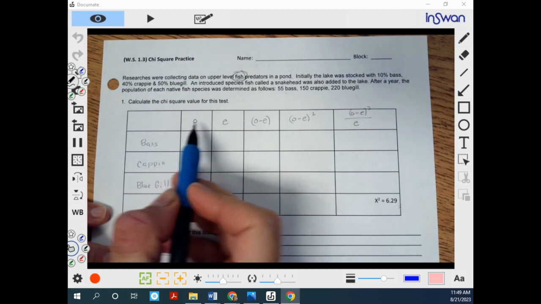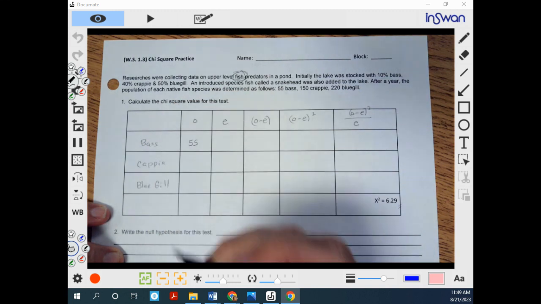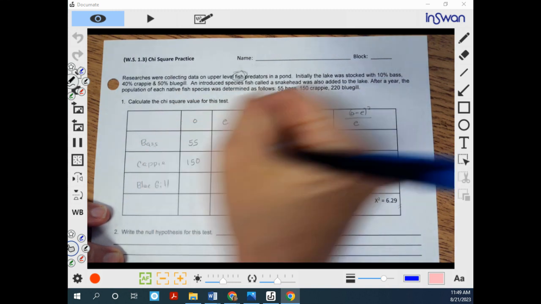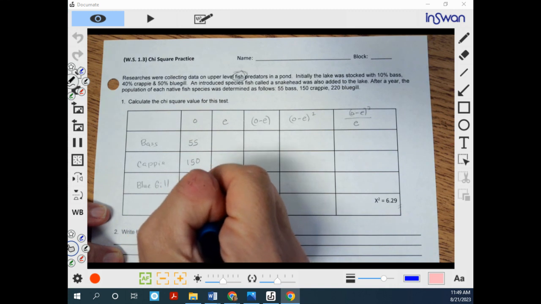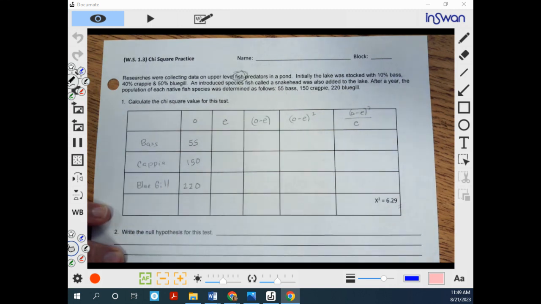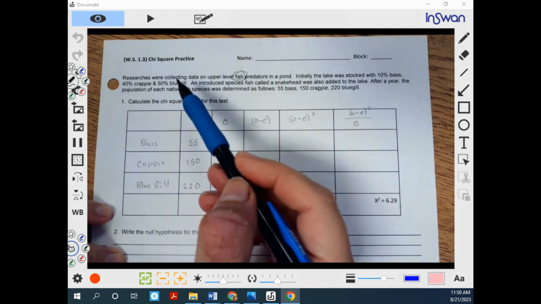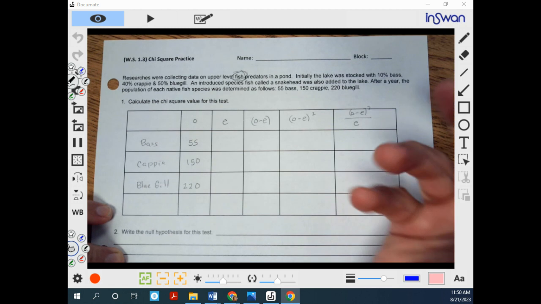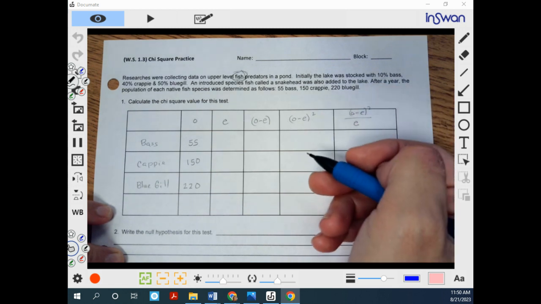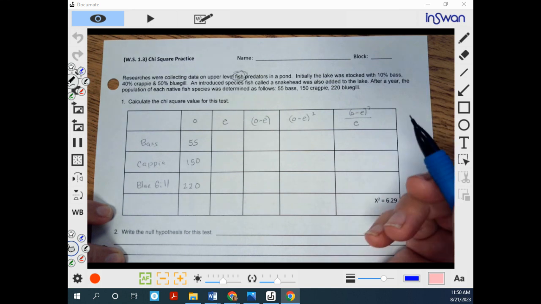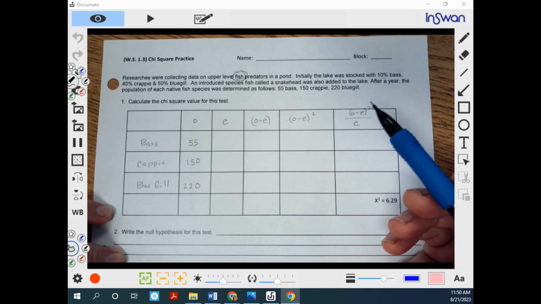So our observed are pretty easy because we counted and we observed 55 bass, 150 crappie, and 220 bluegill. Now, we're wanting to see if the percents change. And they're giving us the initial percents. If the snakehead fish was affecting the percents, then we would be getting some numbers way off from these initial percents.